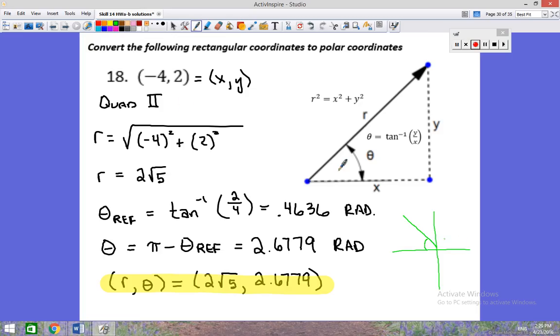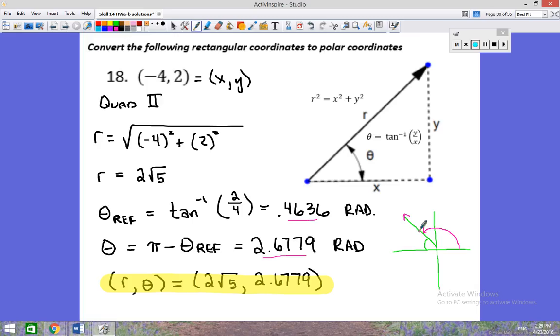Now, what I want is this angle, this theta, okay? Because from the positive x-axis to this terminal ray here in quadrant 2, these two are supplementary. Together, this and my answer have to add up to pi, so I took pi minus my reference angle to get my final answer of theta.